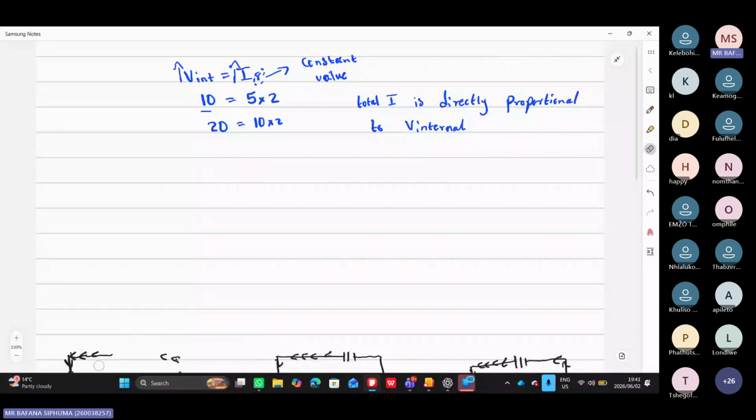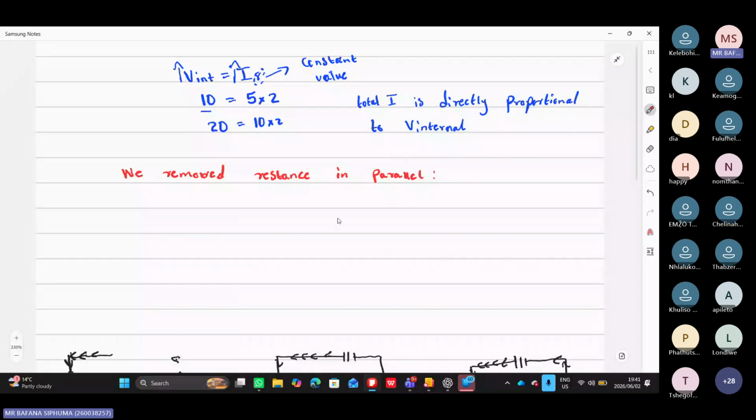They just change how they ask it, but the answers are always the same. So let's say we removed resistance in parallel.